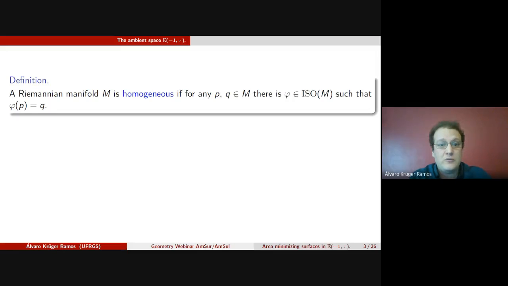So a Riemannian manifold is called homogeneous if for any 2 points there is an isometry of the ambient space that maps one point to the other. In other words, a homogeneous manifold is somewhere you can get lost easily because everywhere looks the same. Every 2 points look exactly the same.